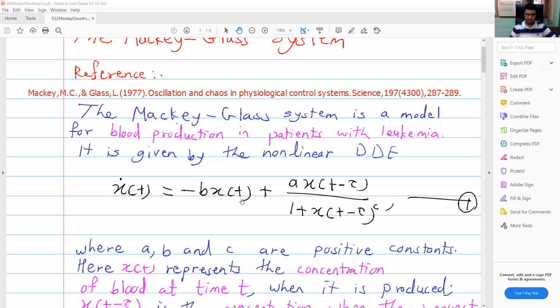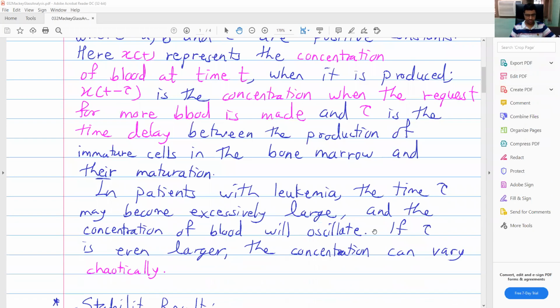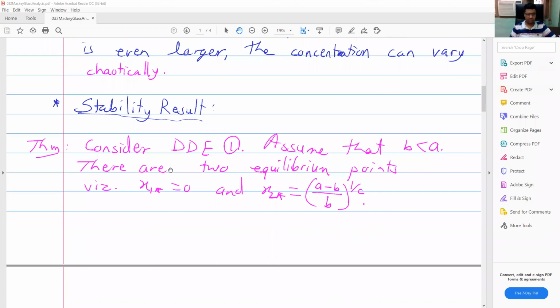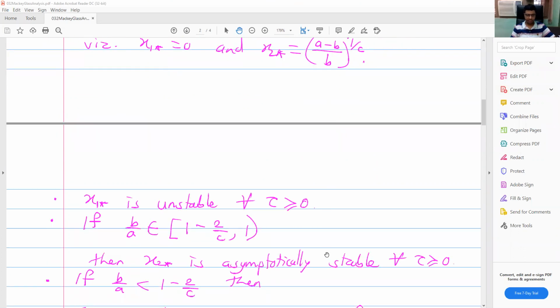A, b and c are parameters. Further, we have seen that there are two equilibrium points, 0 and (a minus b divided by b) raised to 1 upon c, where we assume that b is less than a.